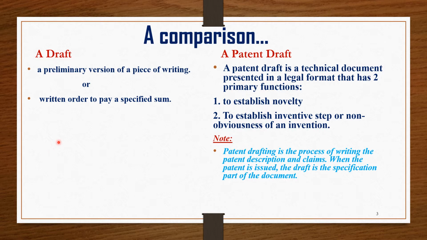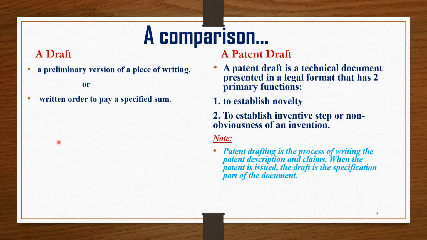A patent draft is a technical document presented in a legal format that has two primary functions. Number one is to establish novelty, and point number two is to establish inventive step or non-obviousness of an invention. Also, we can note that patent drafting is the process of writing the patent description and claims.